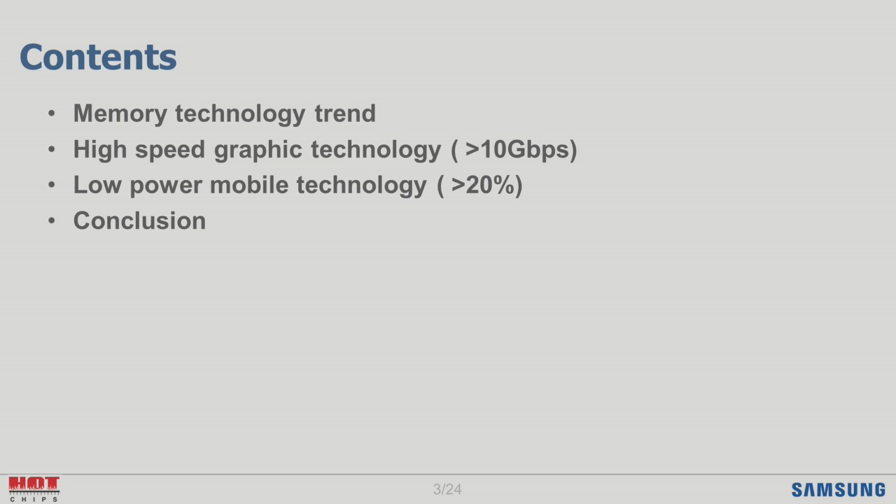And second is the low-power memory technologies applied to the LP4X and LP5. In addition, we are going to propose the concept of low-cost HBM and the concept of processing in memory. And conclusion.